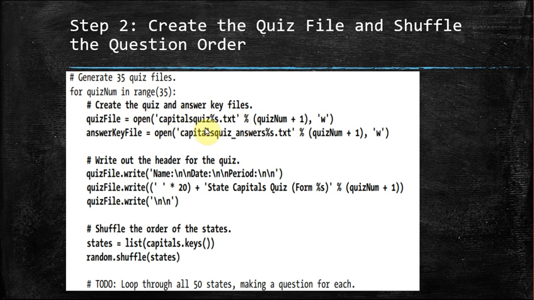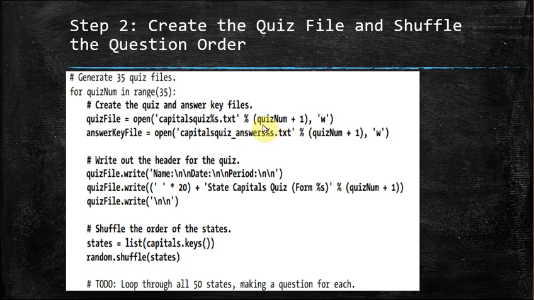So what are we doing here? This is your quiz file. Quiz file is nothing but the question paper. Whereas the answer key file is the one in which you have the answer keys, which will be used later. Okay. So what is this quiz number plus 1? That is nothing but for this particular thing here, capitalsquiz1.txt.